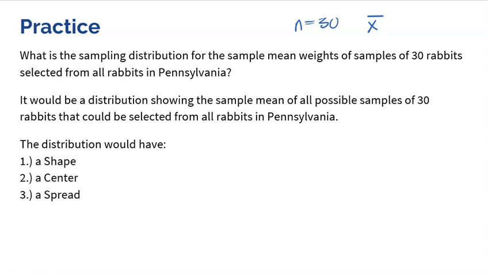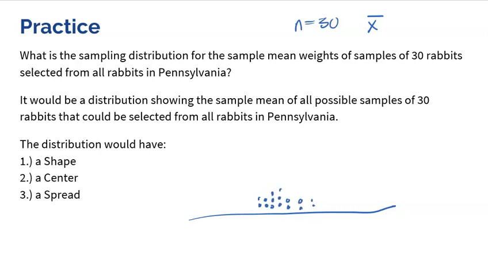It would be a distribution showing all the possible sample means. I'm imagining a big dot plot, and for every sample of 30 rabbits, I find the mean.